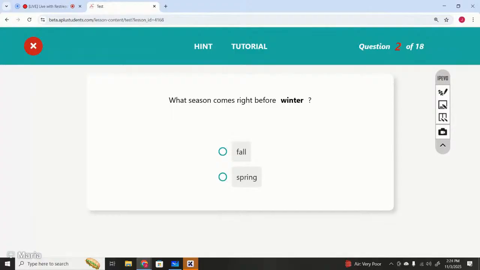What season comes just before winter? So just before winter it is fall. Before the winter it is fall.